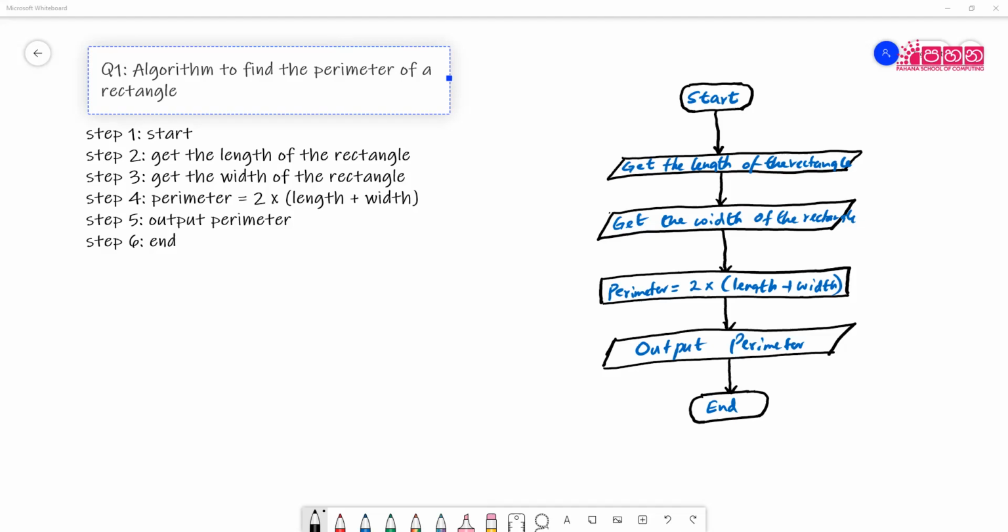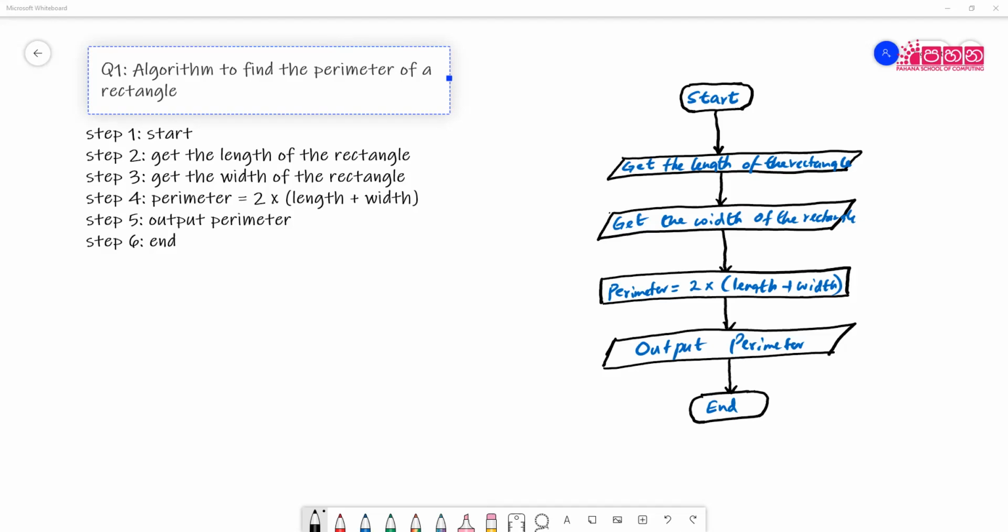Let's move on to the second one. The second one we discuss is to find the area of a circle. Right. Let me start with the steps, and then you are supposed to draw the flow chart and send it to me.